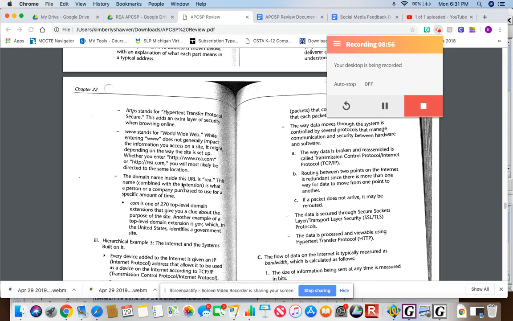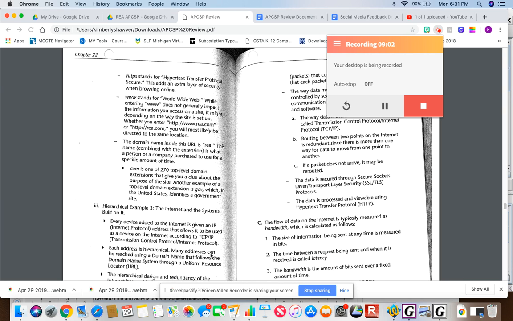REA is part of the URL, and that's actually the domain name. This is what a person or a company purchased to use for a specific amount of time. Now, the .com is one of 270 different top-level domain extensions, and I know you're familiar with other ones like .org, .gov, and .edu.